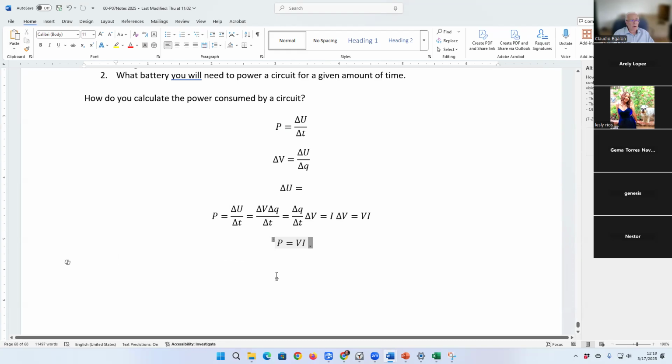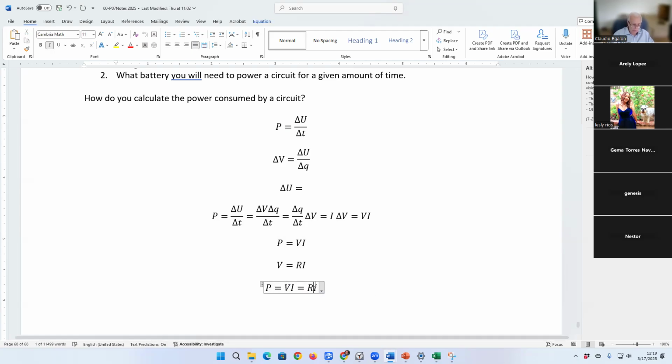But there are other ways of writing this equation. Recall that if we use Ohm's law, V is equal to Ri, right? If V is equal to Ri, we can also write this equation as Ri squared. Another way of writing the power.